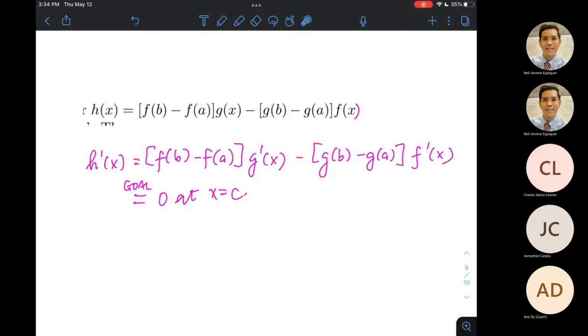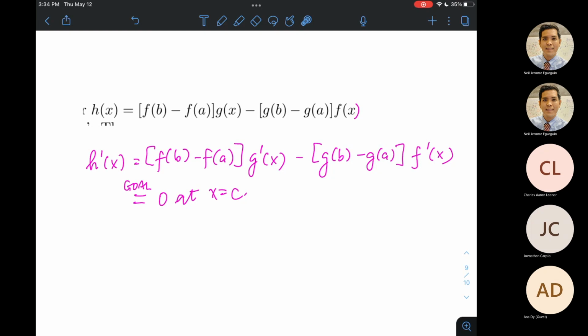Sabi ni Rolle's Theorem, kapag continuous yung function sa closed interval AB, tingnan nga natin kung continuous si h sa closed interval AB. G is continuous on the closed interval AB, f as well. So these two guys are both continuous. So h, as a difference of two continuous functions, ay nagiging continuous din sa closed interval AB.